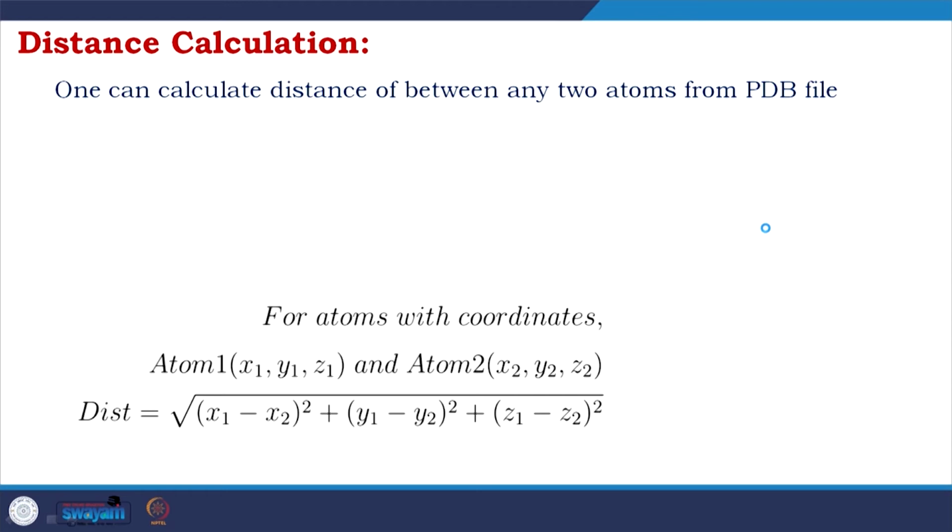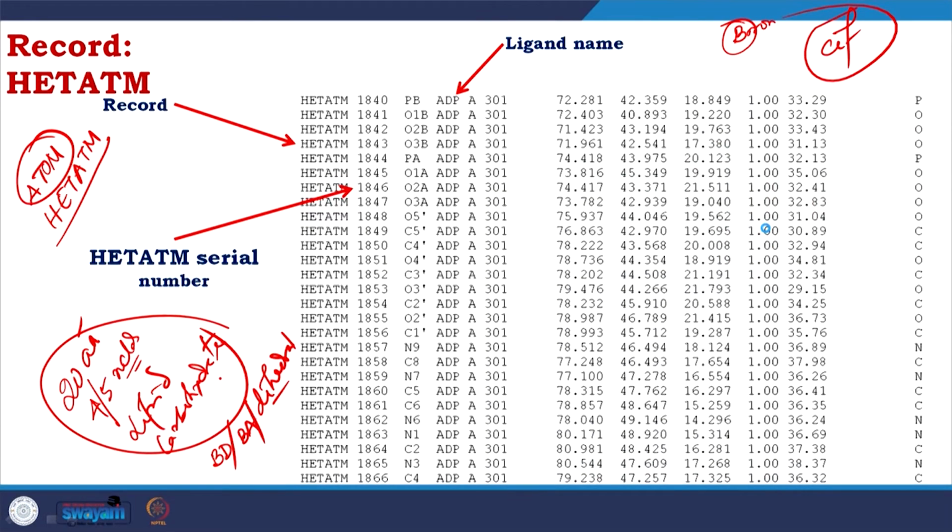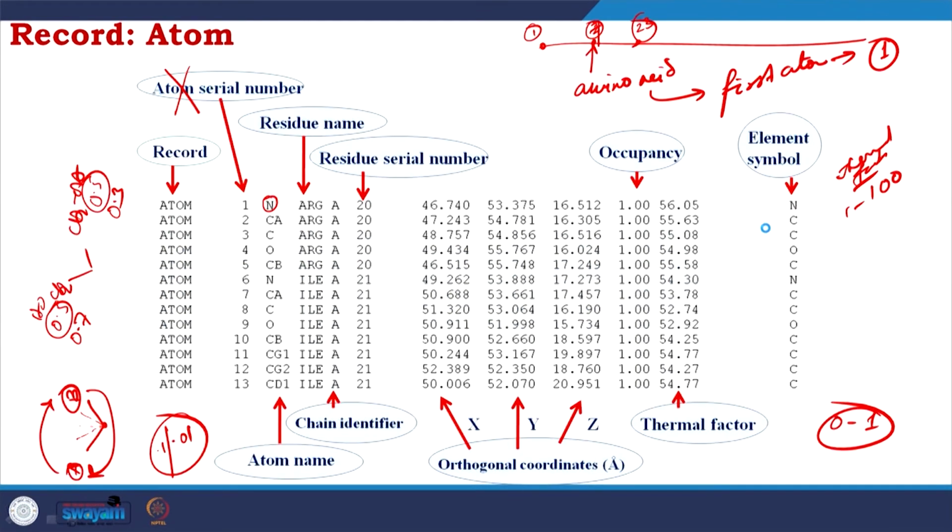So, what would be the potential use of this PDB file? One, distance calculation. One can calculate the distance between two atoms. How? If atom 1 has the coordinates x1, y1, z1, and atom 2 has x2, y2, z2. If you go back quickly, you will see that here you have x1, y1, z1, and this is x2, y2, z2.